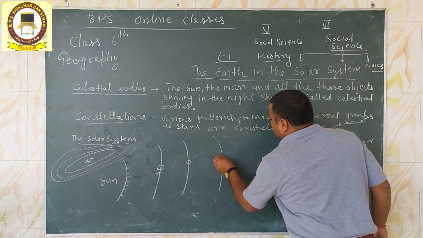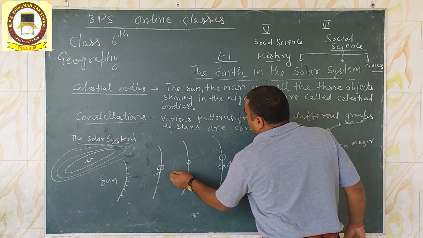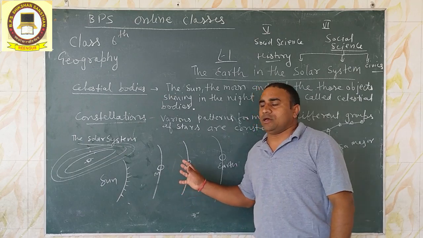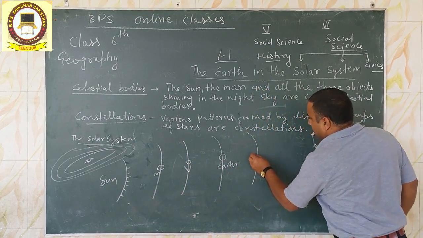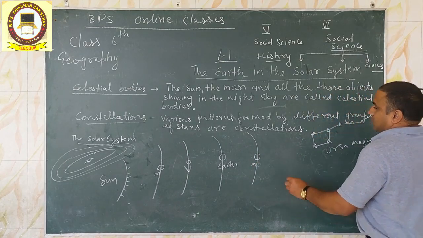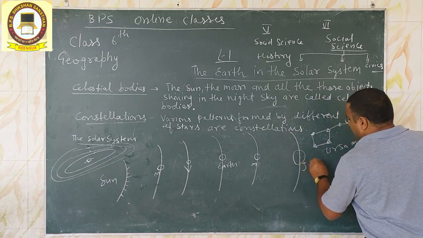Next to Venus, Earth. Earth and Venus are both twins. They look the same. Now our next planet is Mars, and our next planet is Jupiter.